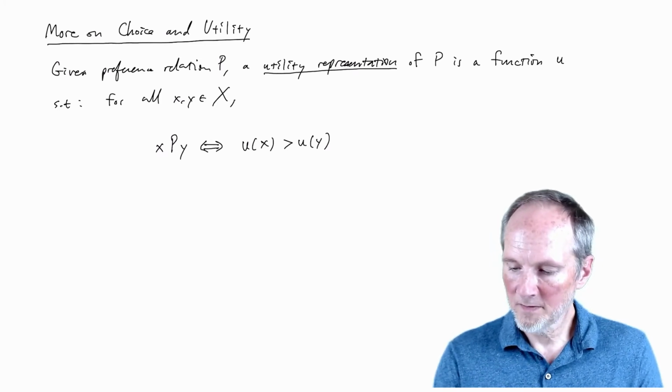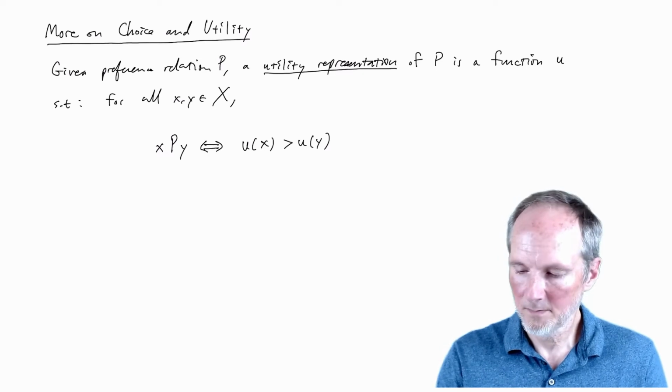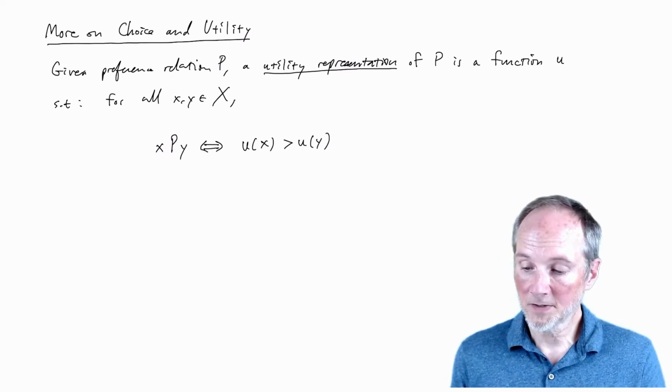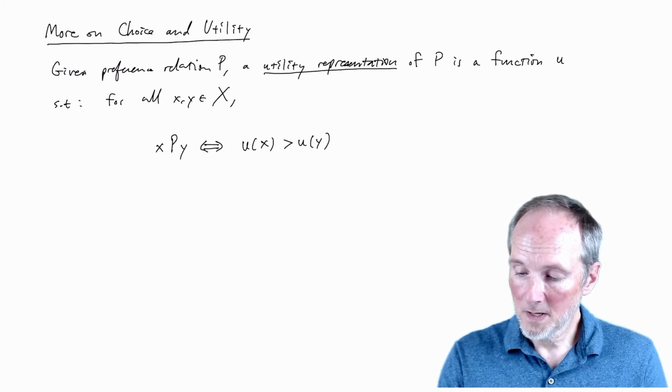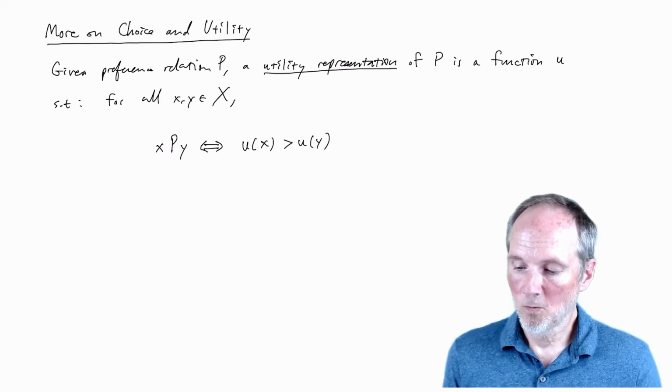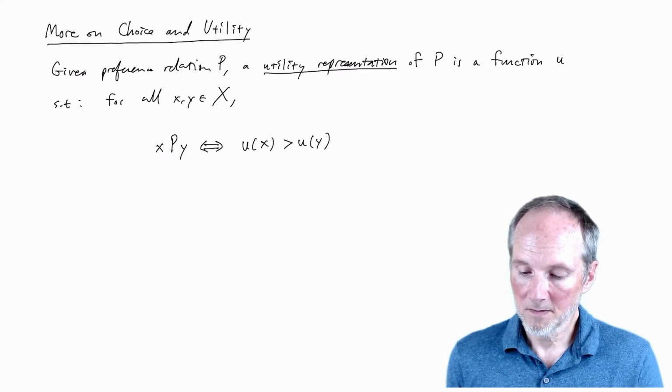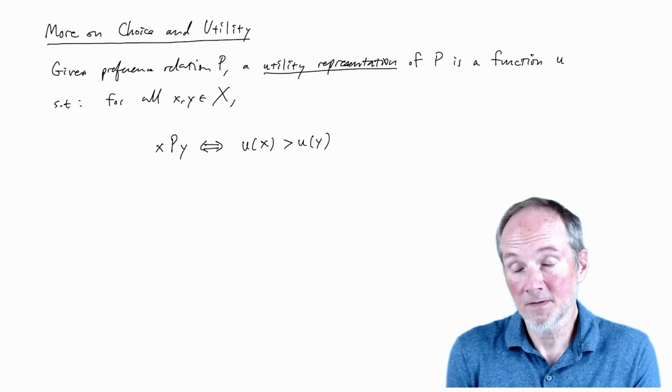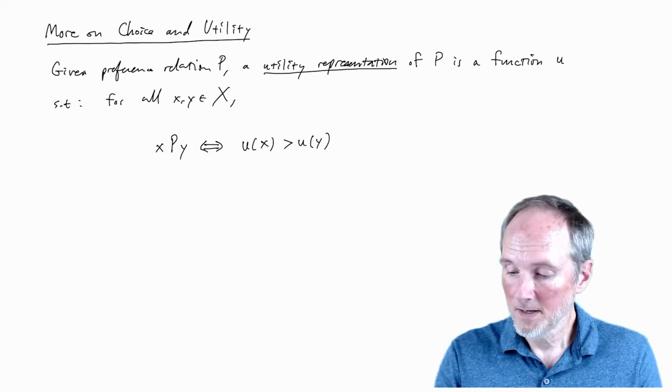Let me add a little bit of notation here that maybe you've seen or not. When we're talking about a function, it's good form to say what the domain of the function is. That is, what's the function defined on? What does it take in its arguments?